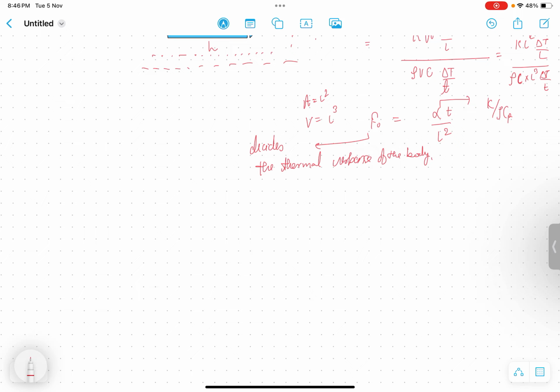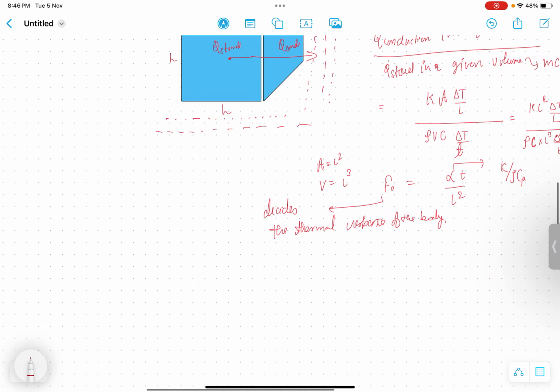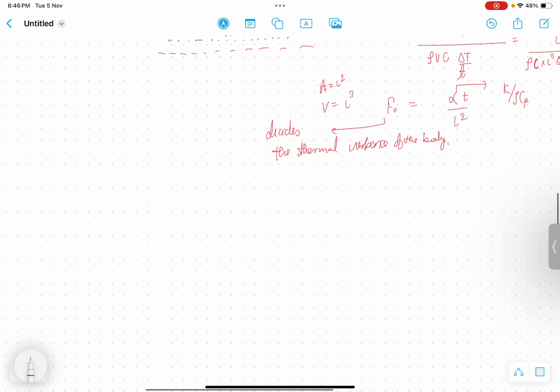Higher Fourier number means faster will be the propagation of heat inside the body, right? So if we nail down this Fourier number, as alpha is k by rho Cp times t by L square.